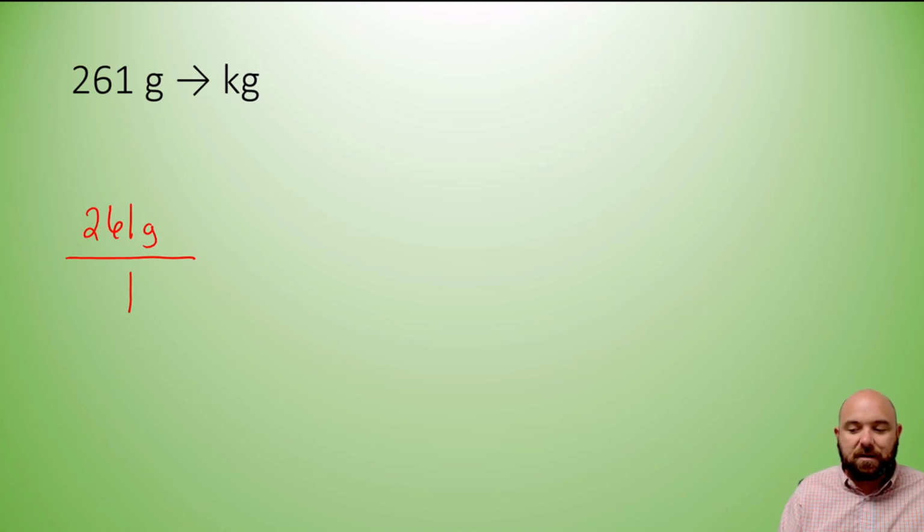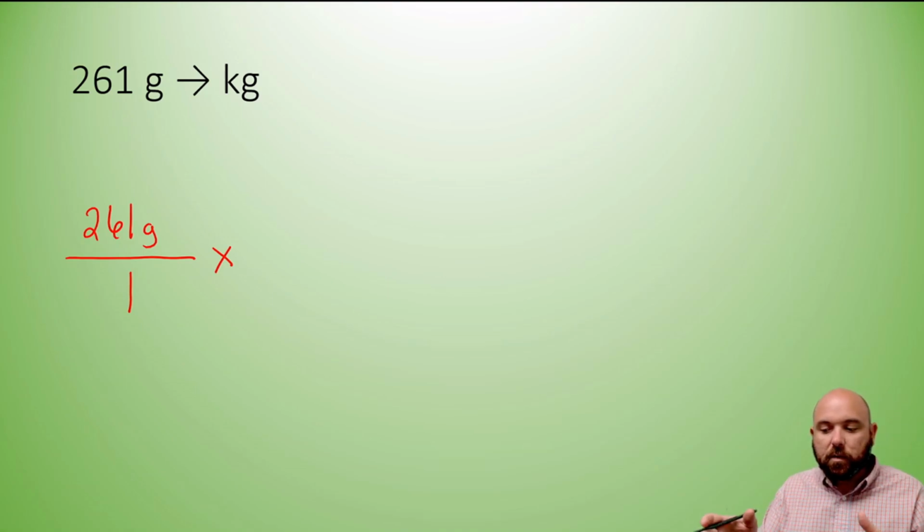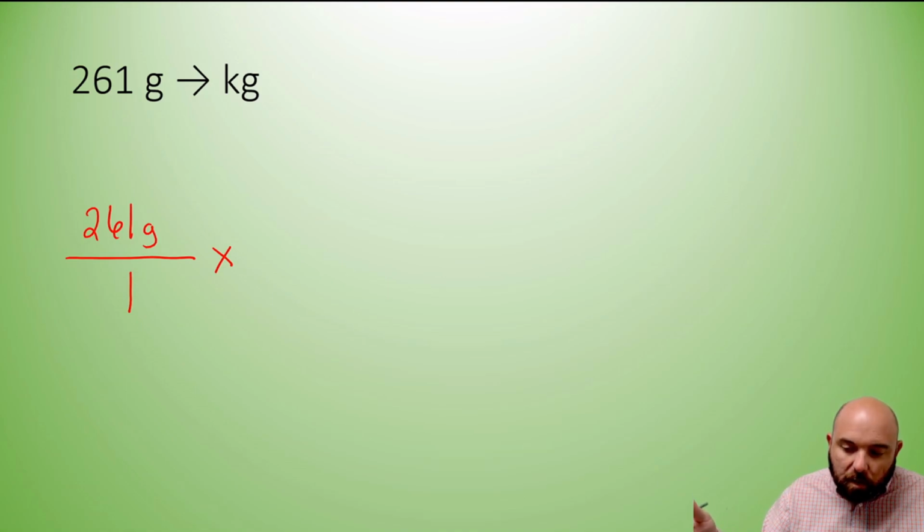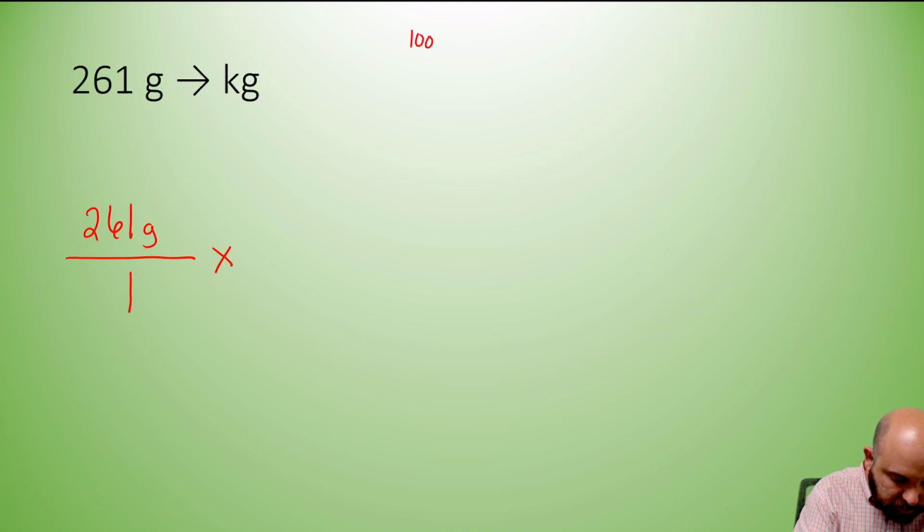I haven't changed anything by doing that. Dividing something by 1 just leaves itself, so that's still 261 grams. Now I need to multiply that by a conversion factor that will relate grams to kilograms. We saw on our SI units slide that there are 1,000 grams in 1 kilogram.